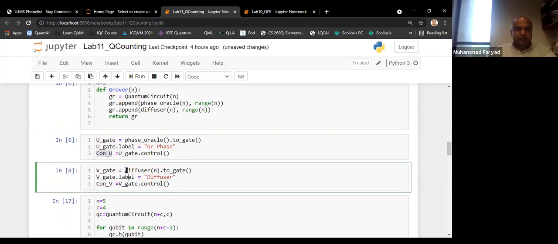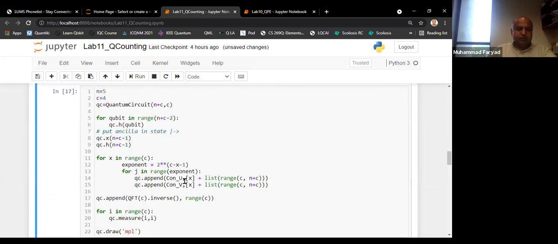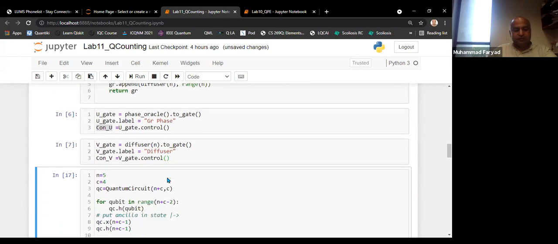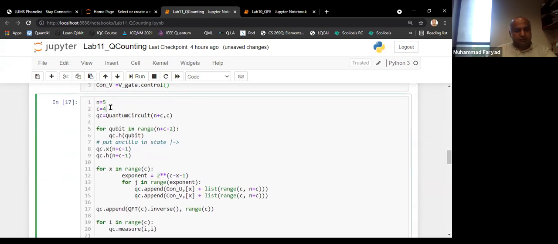Similarly, I can convert this diffuser circuit into a gate by applying this .to_gate extension, and I now have a way to call my diffuser and Grover phase. Okay, let's start with 4 counting qubits. And even though n is equal to 5 written here, essentially n is 3. The reason is that 2 are the auxiliary qubits. So only 3 qubits are used for solutions and for the database.